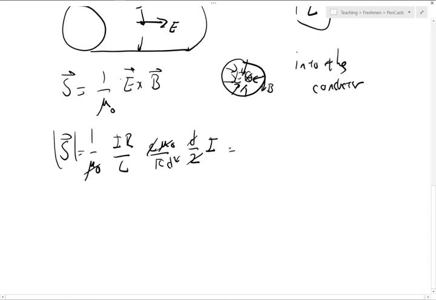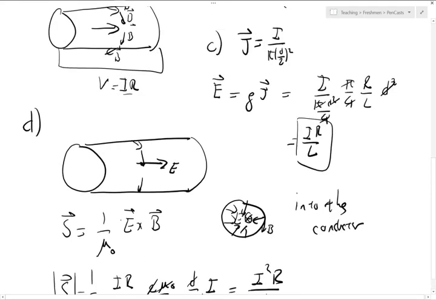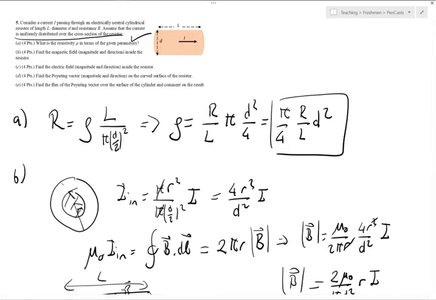One power of d cancels. So this is I squared R divided by pi d times L. It's a curious result.